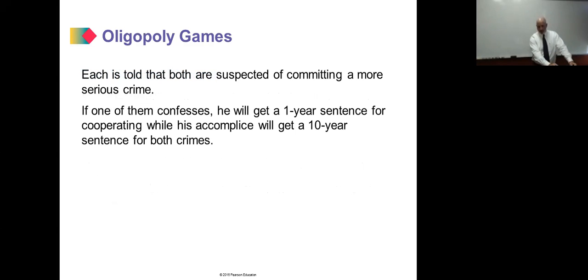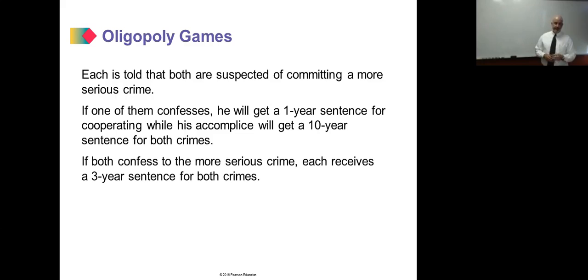If one of them confesses, he will get a 1-year sentence for cooperating, while his accomplice will get a 10-year sentence for both crimes. If both confess to the more serious crime, each will receive a 3-year sentence for both crimes.